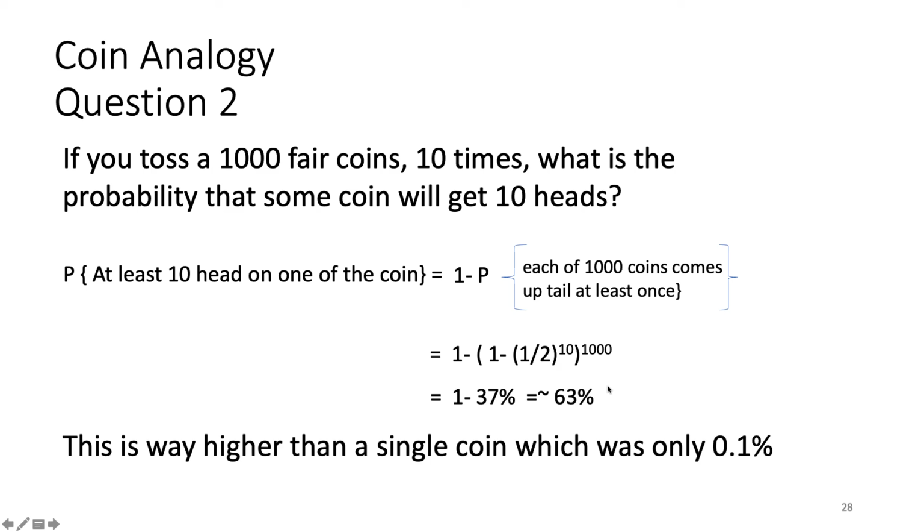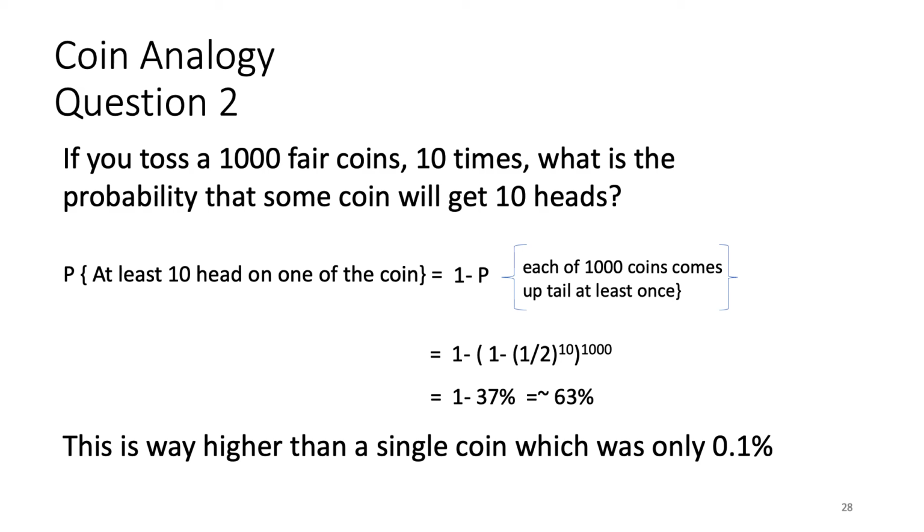Now look at the differences. It's 63%, while on the other side, you had less than 1%. So that's why if something can go wrong, it will go wrong. When you have multiple outcomes and you add them up, you're going to have a way, way higher chance.